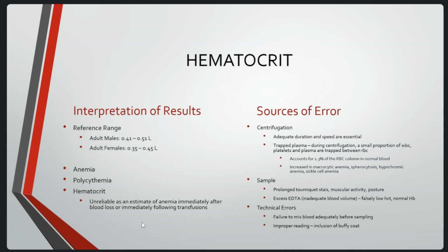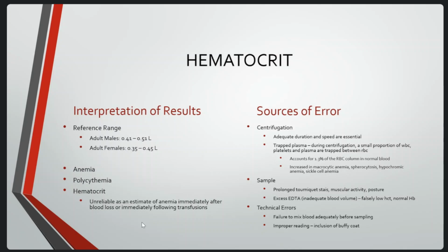The sample can also be a source of error, especially when there is a prolonged application of the tourniquet, muscular activity, for example strenuous exercise, and even posture, like when you have been standing for a long time. Excess EDTA, meaning an inadequate ratio of your blood to your anticoagulant, can falsely decrease your hematocrit with a normal hemoglobin.